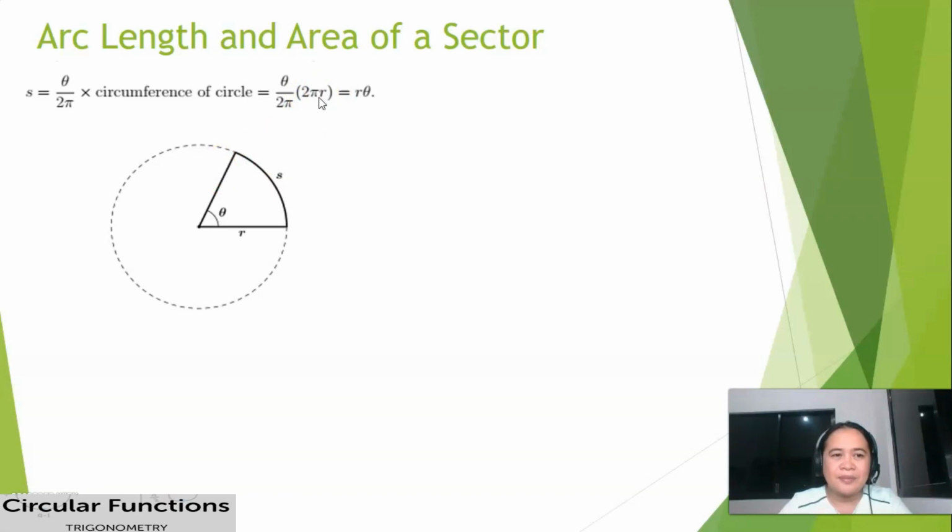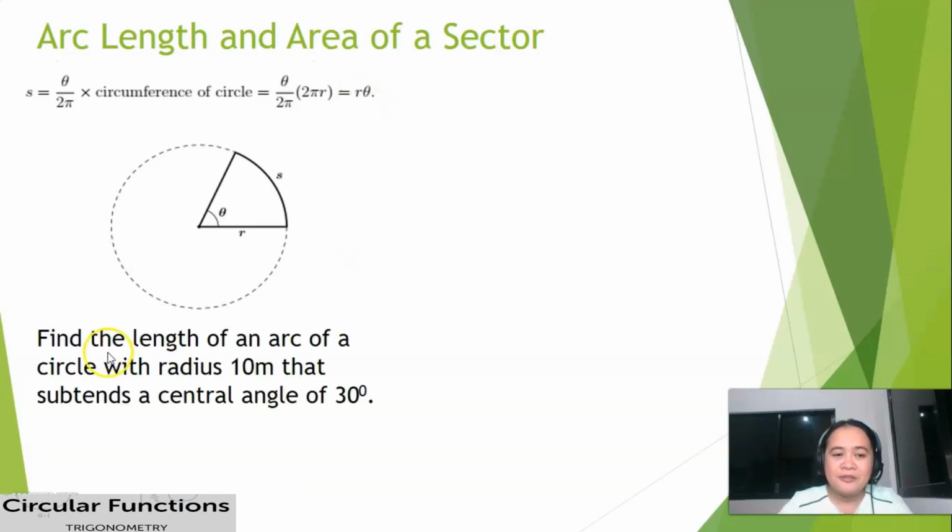So with this, 2 pi and 2 pi we can cancel. Therefore, to find arc length, it's basically radius times theta. And take note, angle theta is always in radians.